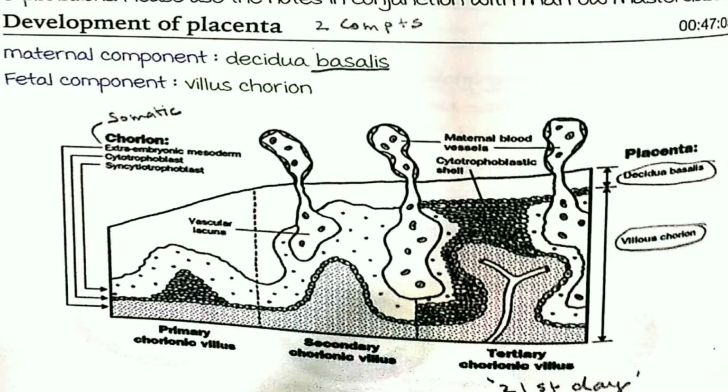The components of tertiary chorionic villi are the blood vessels, the somatic part of extraembryonic mesoderm, the cytotrophoblast and the syncytial trophoblast. This is formed on the 21st day, and this is the fetal component of placenta. And here we can see the placenta. Placenta consists of two components: the maternal component, decidua basalis, and the fetal component, which is villus chorion.